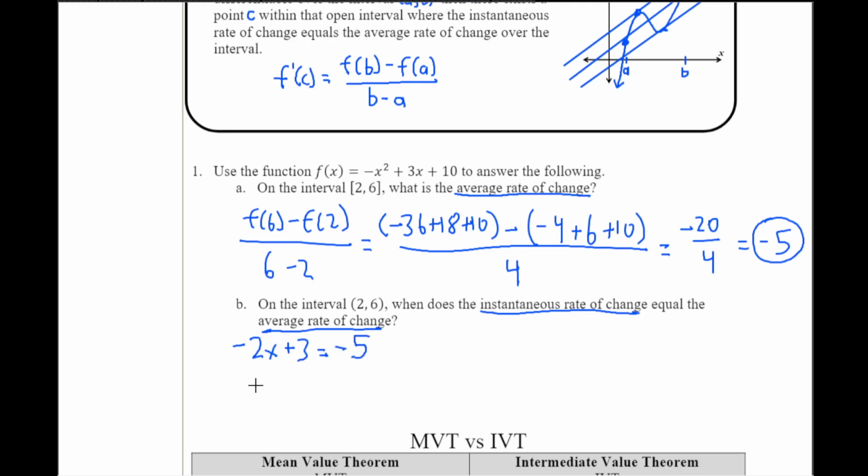Now you can solve for x. Subtract 3 on both sides, negative 2x is equal to negative 8, divide both sides by negative 2, and you get x is equal to 4. So when x is equal to 4, the instantaneous rate of change is equal to the average rate of change for this interval.